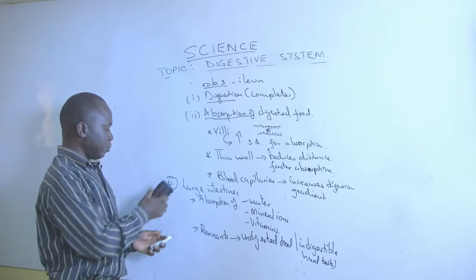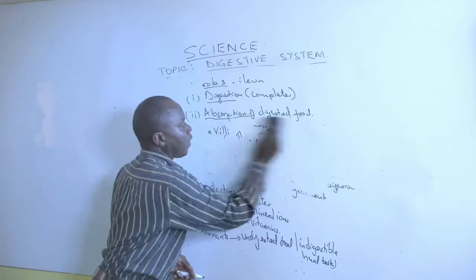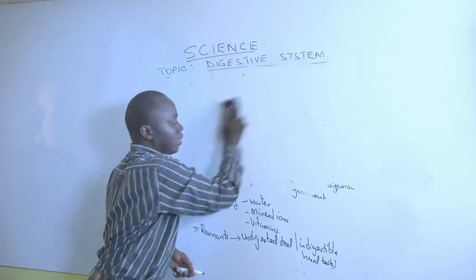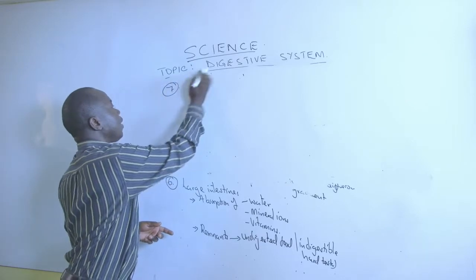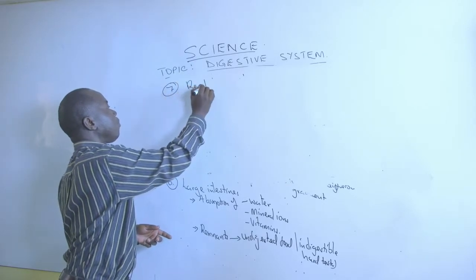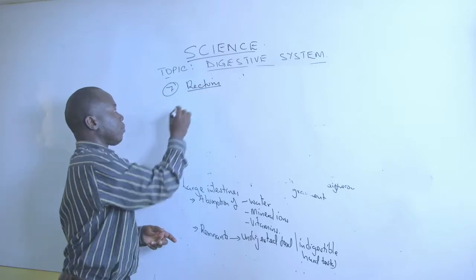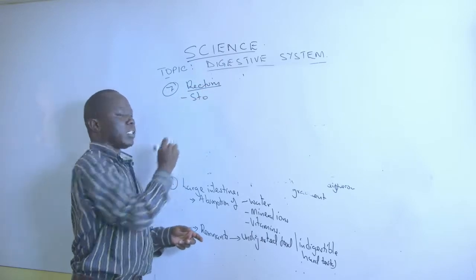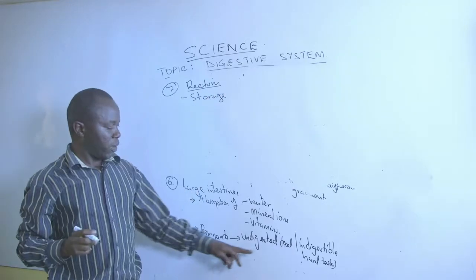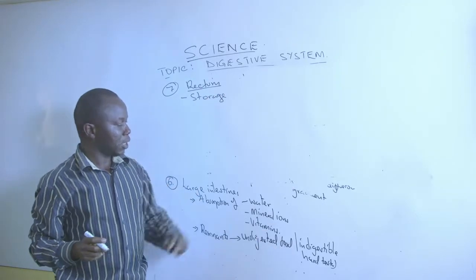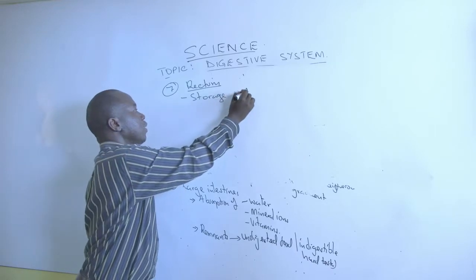Then the last bit of the digestive system is the rectum. In the rectum, there is storage of undigested and indigestible food materials.